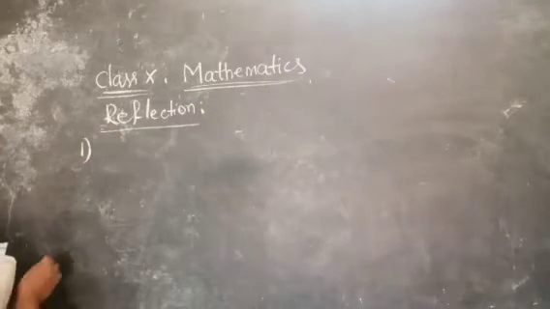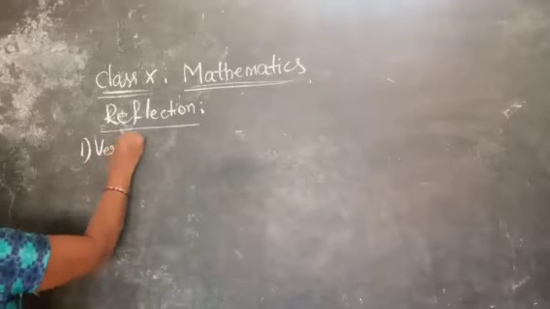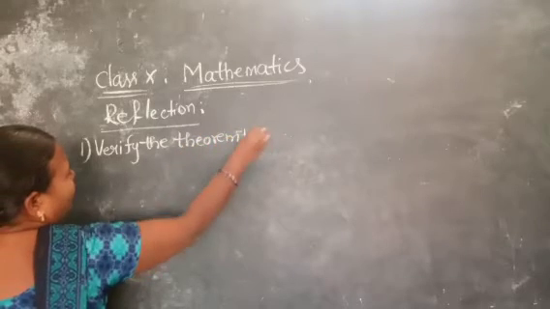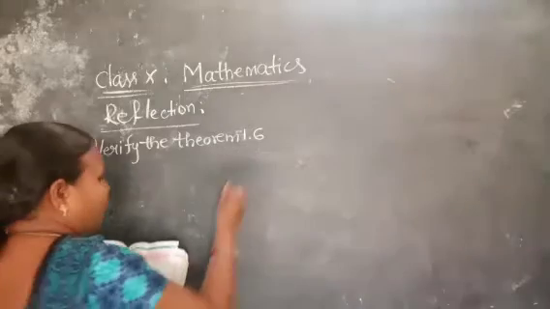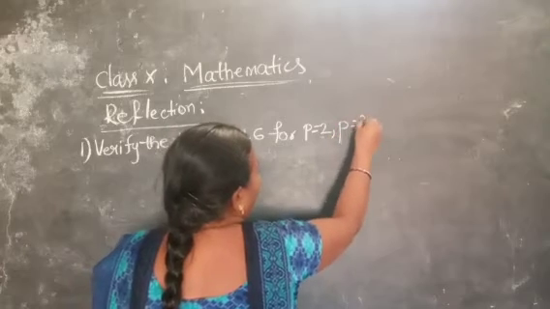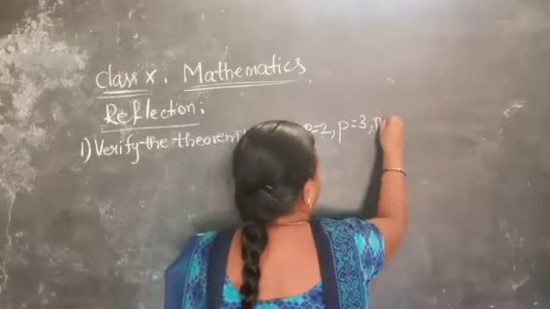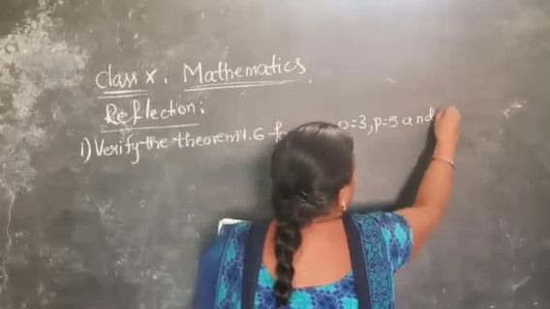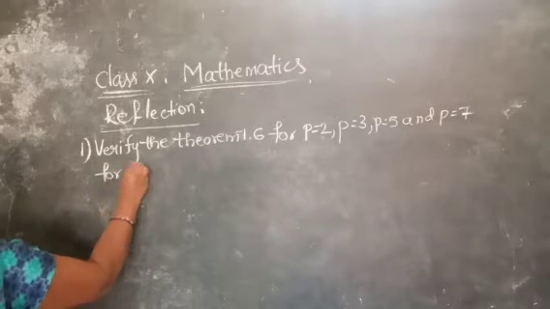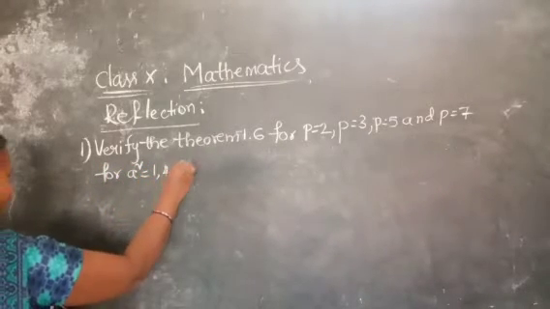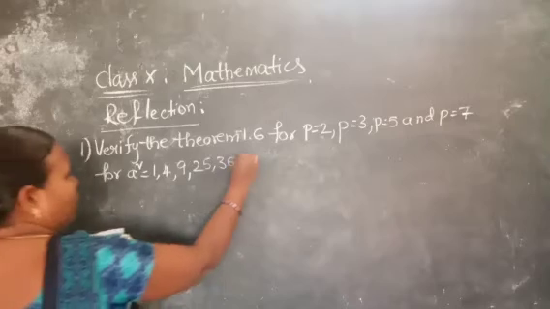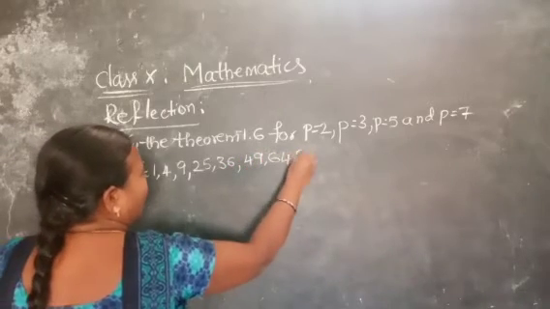First question. Verify theorem 1.6 for P equal to 2, 3, 5 and 7, for A square equal to 1, 4, 9, 25, 36, 49, 64 and 81.